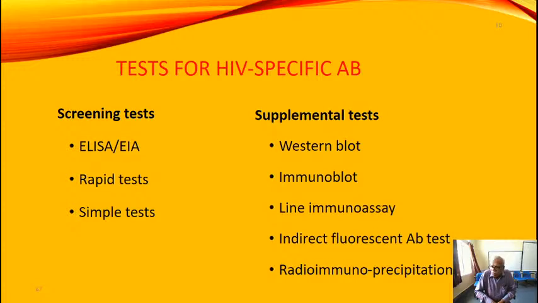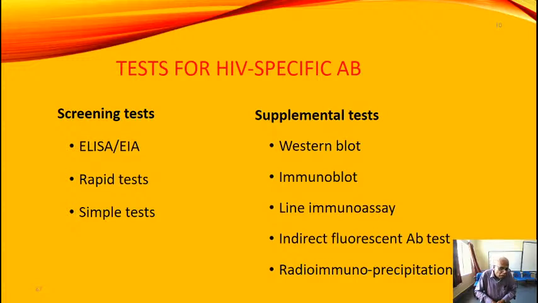And here we have 4 types of testing strategies. Testing strategy number 1 is used in the blood bank, where only one test kit is used. If the sample is positive, we discard the blood and refer the patient for further testing and counseling to the ICTC, Integrated Counseling and Testing Center.